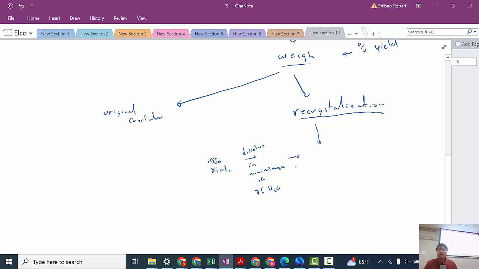And then we'll try to regrow the crystals. So we'll add some ethanol, plus ethanol, but we don't want too many crystals to come out.